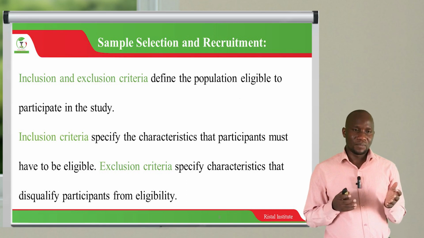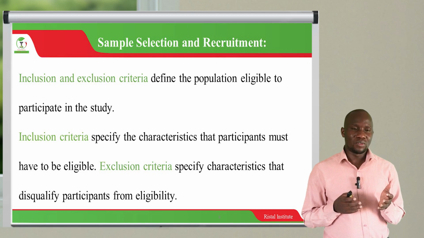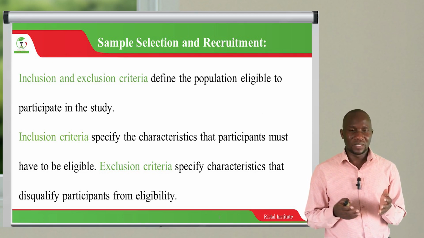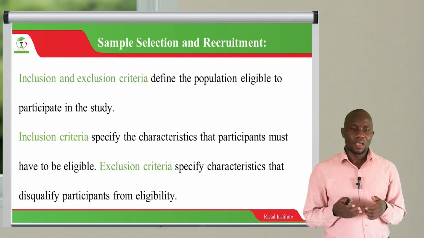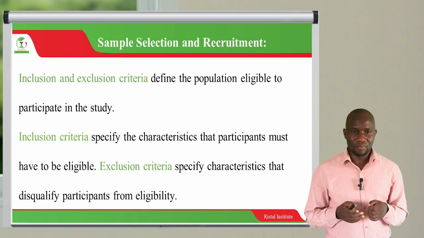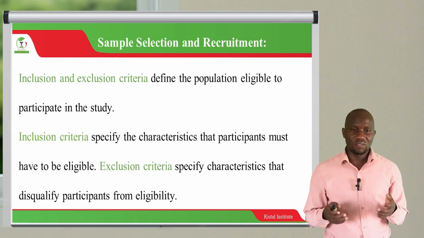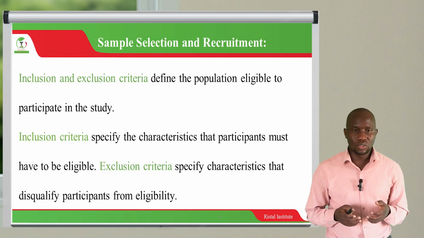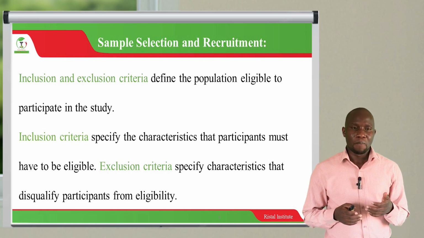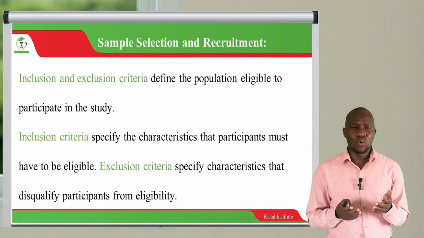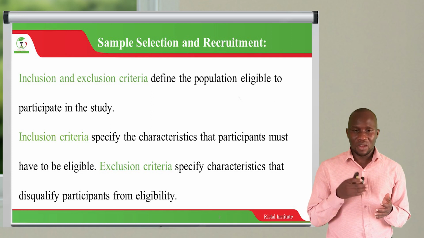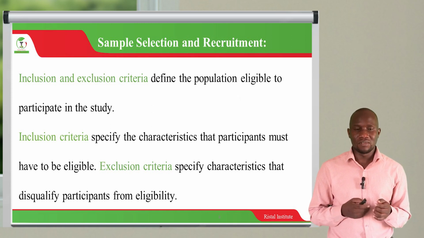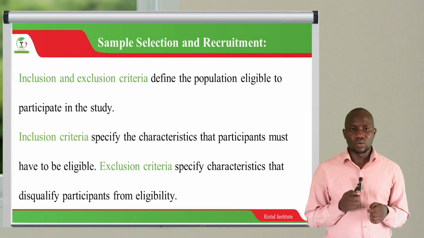Because in the end, you need to be able to recruit participants in the rightful group such that you can assess the outcome properly. So you need to have an inclusion and exclusion criteria. This is to say that you need to have a proper guideline on who is eligible to be in the study and who cannot be in the study, which is now the exclusion criteria.